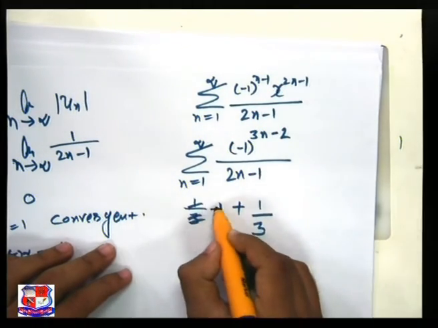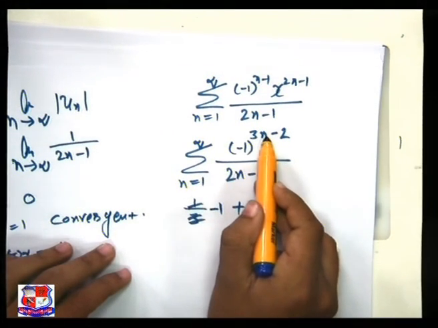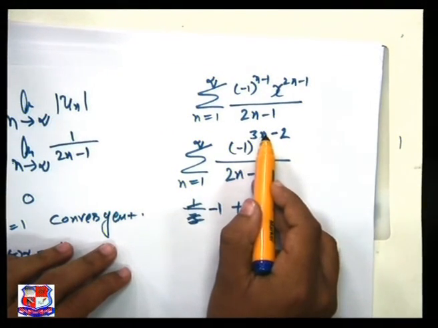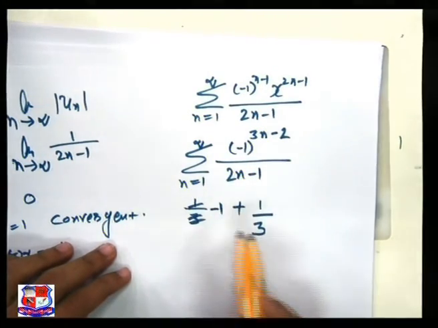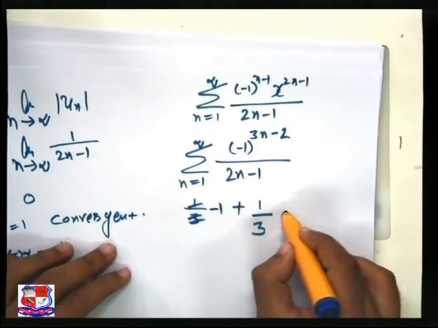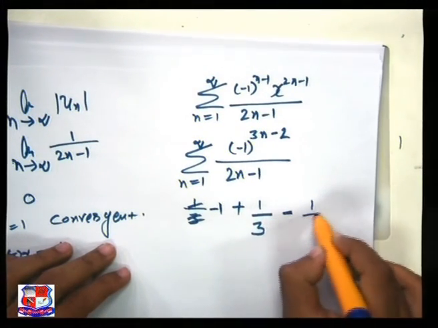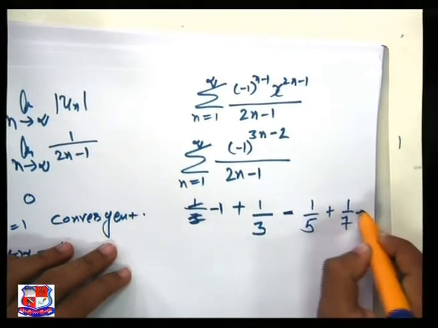Now this is minus 1, because when n is equal to 1, you can see 3 into 1, 3 minus 2, so that is 1, minus 1 raised to 1 is minus 1, when n is equal to 2 you will get 2, then minus 1 upon 5 plus 1 upon 7 and so on.